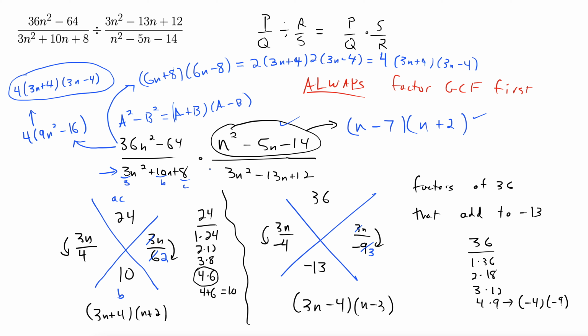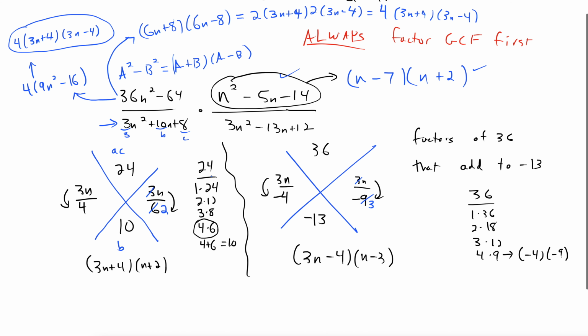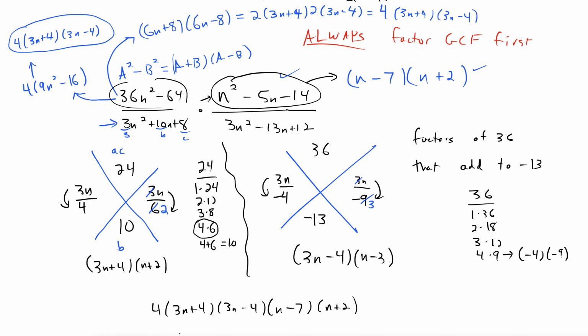Okay, well, now we need to clean this up. So let's rewrite it here. So we have 4, 3n plus 4, 3n minus 4. That takes care of the first term. Now our second term was n minus 7, n plus 2, all over.